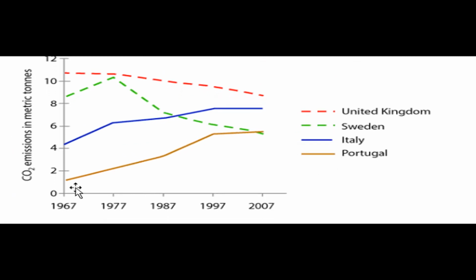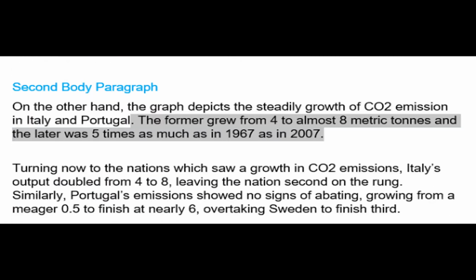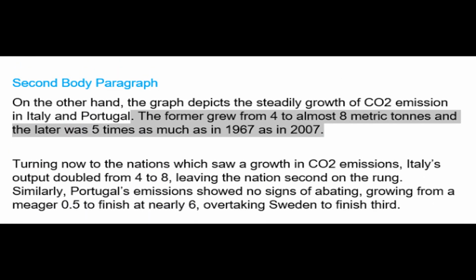Like Portugal used to be last, they finished in 3rd place. Italy used to be 2nd. No, that's not right. Italy used to be 3rd, they ended up being in 2nd place. So you need to show progression in your response.